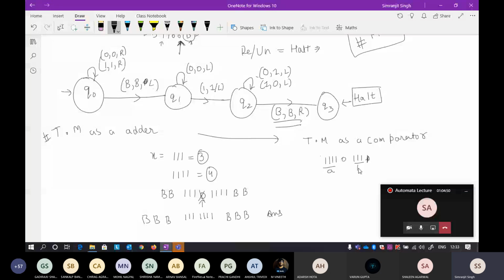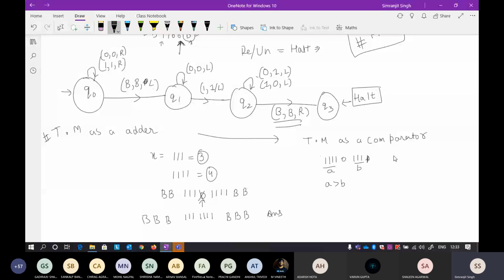In this particular question, the number of a's is greater than the number of b's. For a comparator there are three cases: a greater than b, a equal to b, or a less than b. I will explain the problem and also draw the Turing machine for a comparator. So a Turing machine has various different purposes.